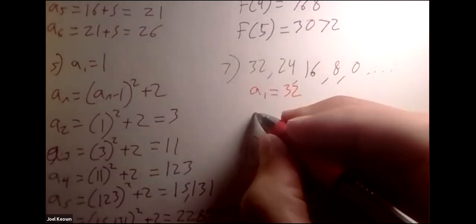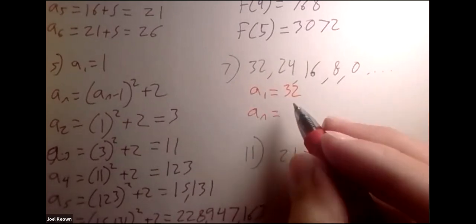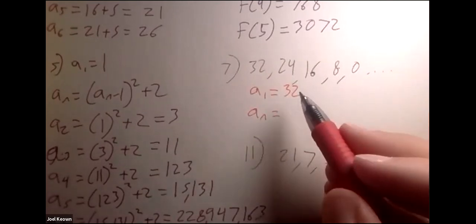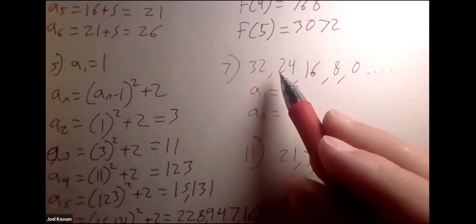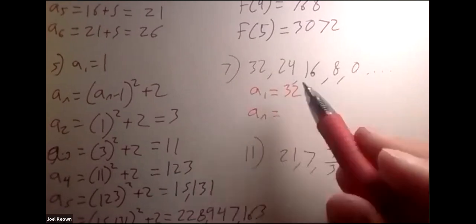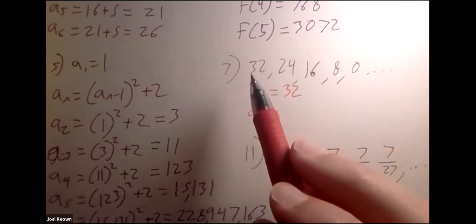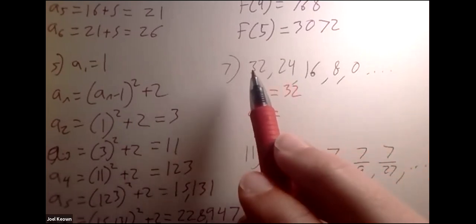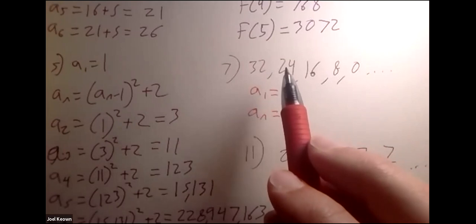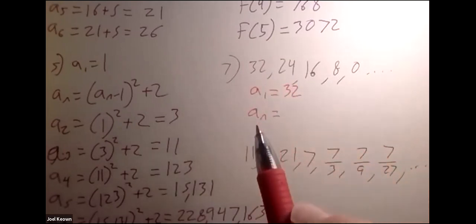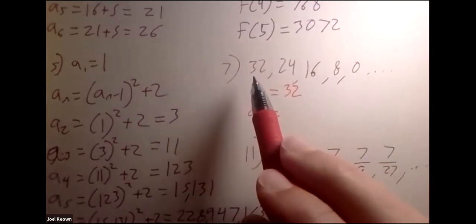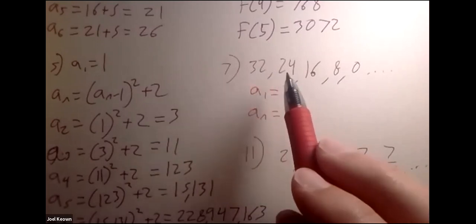What am I doing to 32 that gets me to 24? Well, I'm subtracting something. From 32 to 24, I'm subtracting 8. So I'm minus 8 to go from here to here.